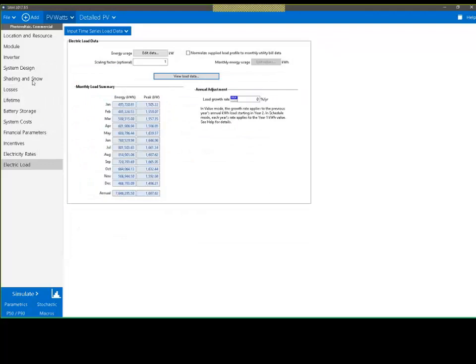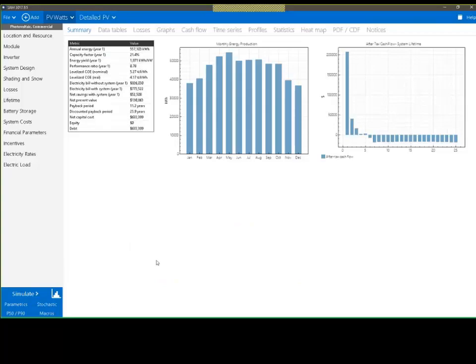So once you provide all of these inputs, you run a simulation and you get the results. And as John and Eric were emphasizing, and I also agree, it's important to consider many different metrics when you're evaluating the economic or financial viability of a project.